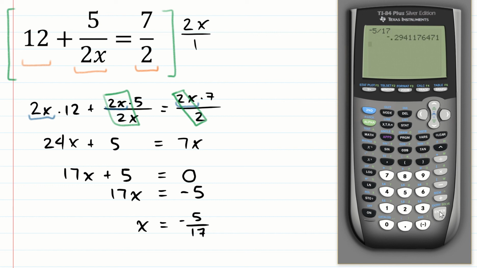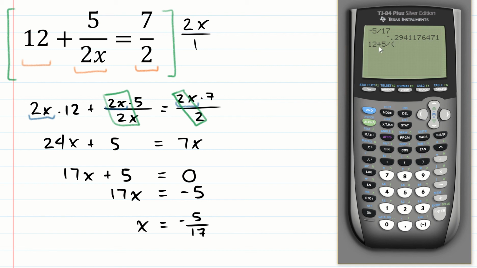Now, on the left hand side, I've got 12 plus 5 divided by. Now I've got to be careful. This denominator has a product. It has 2 and it has an x. And order of operations will just divide by 2 and then multiply the whole thing by x if I don't specify that what I'm about to type is the denominator.